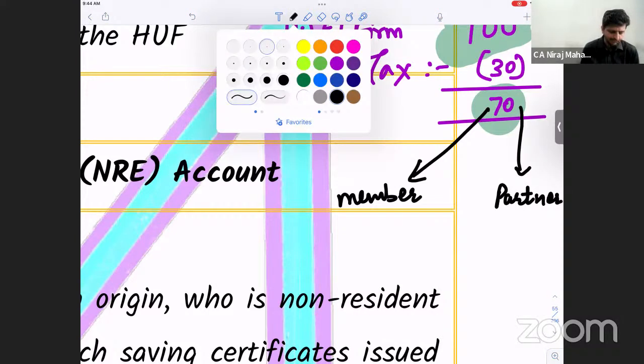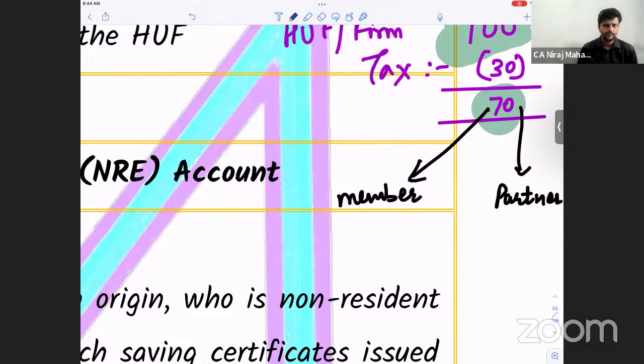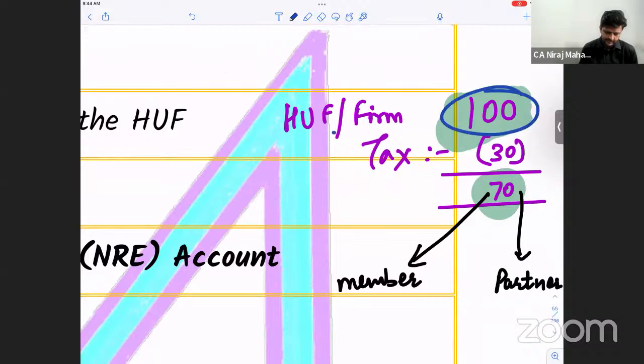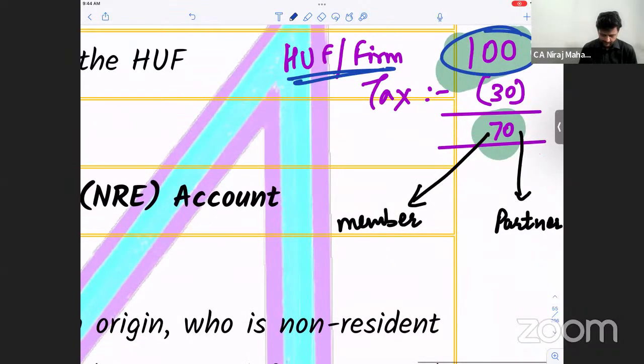From income tax point of view, they are different. Yes or no? This firm is different, HUF is different, and the member is an individual. HUF and firm overall are artificial persons from income tax point of view. But the owners are individuals. So let us say the member is receiving 70 or the partner is receiving 70.